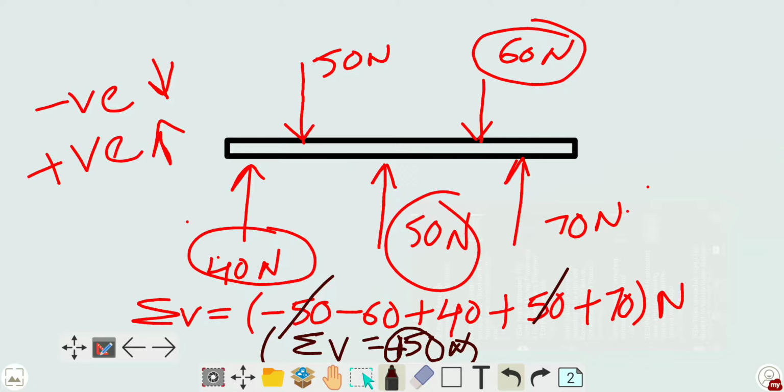The positive symbol tells us which direction it is going. So this is how we can calculate the resultant force, the resultant of parallel forces.